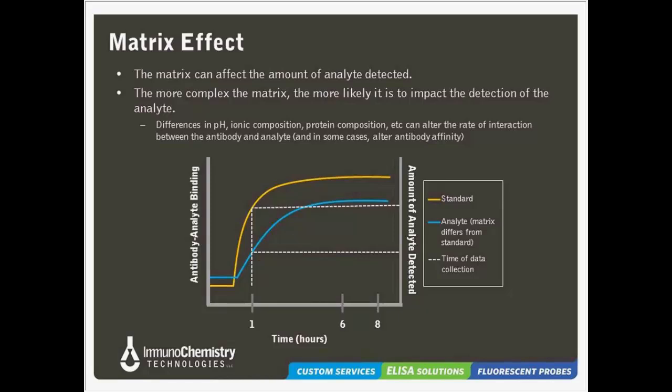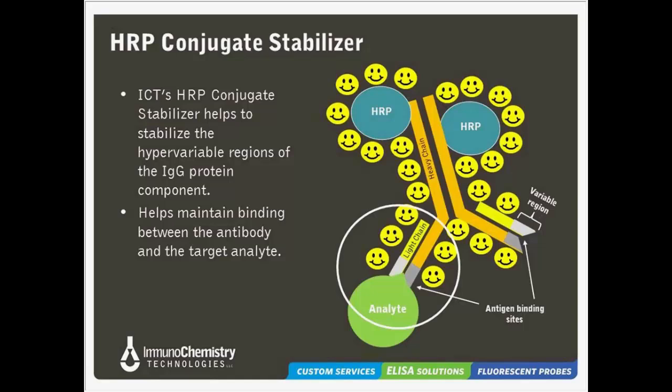And so what our assay diluents are trying to do is bring that yellow curve down closer to the blue curve so they're equally compromised. In that case, when you get a reading, it's going to be similar in the standard curve well, you hope, as it is in your sample wells. Otherwise, you've got apples and grapefruits. It's not even the same matrix. It just doesn't work. You don't have an assay.